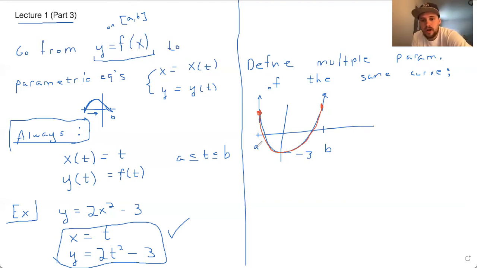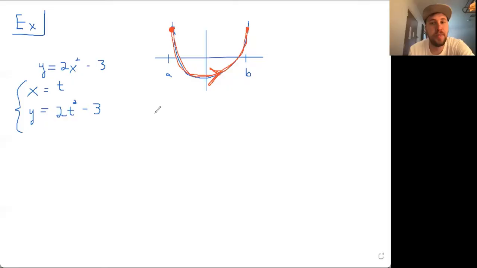Well, if we were to start at A, if we just let x be t, and we're going from the bounds A to B, that means we would start at A, and as we travel, we would end up at B. So you can almost define what's called an orientation of your curve, because as t increases from A to B, we're traveling in a given direction here. So this gives an orientation of our curve.